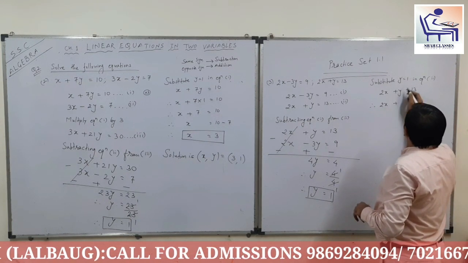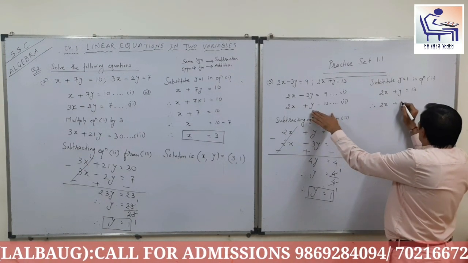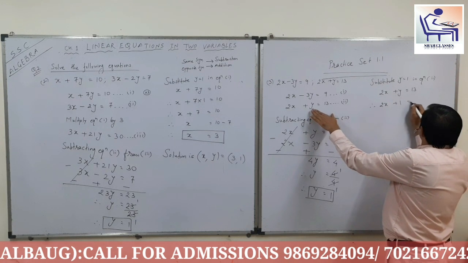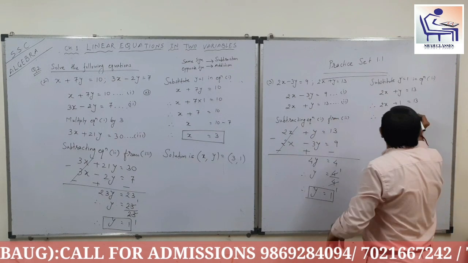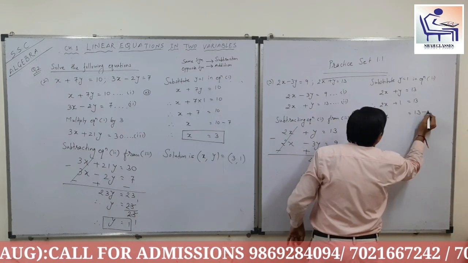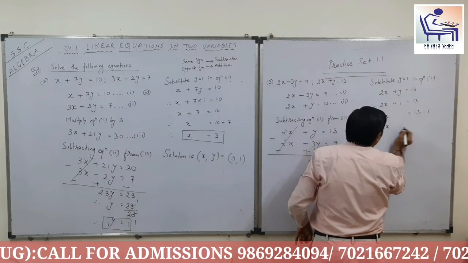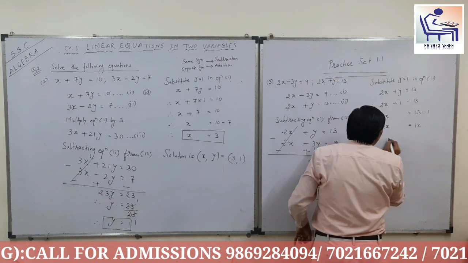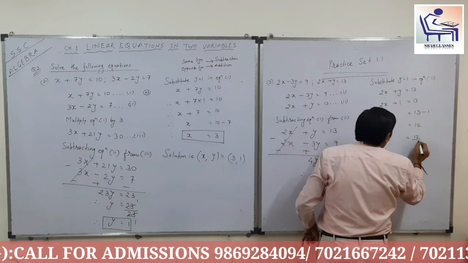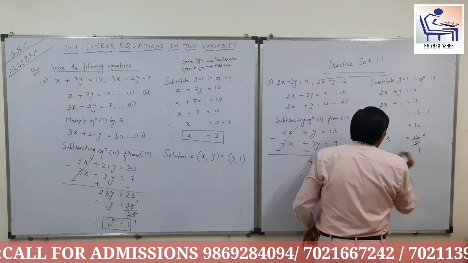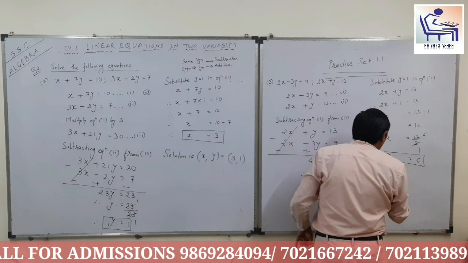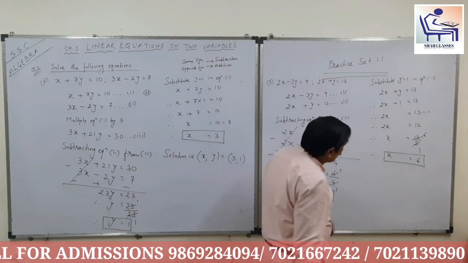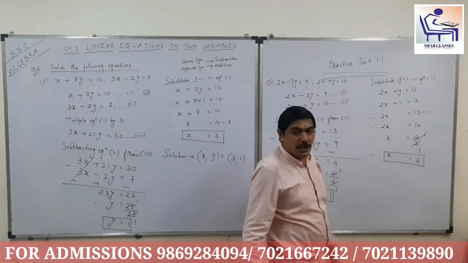So 2x plus, so instead of y we will put 1 in this equation is equal to 13. So 2x, 13 minus 1 becomes 12. So 2x is equal to 12. So x is equal to 12 upon 2. That becomes 6. So we got the value of x as 6. 2 ones are 2, 2 6s are 12.